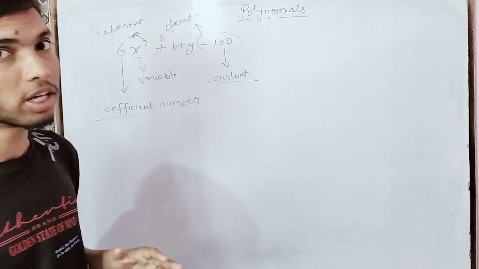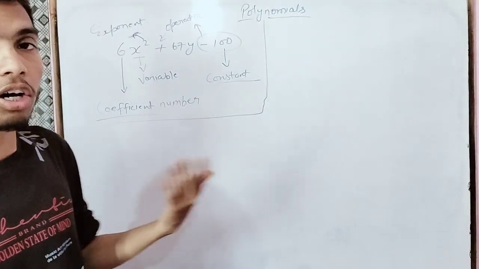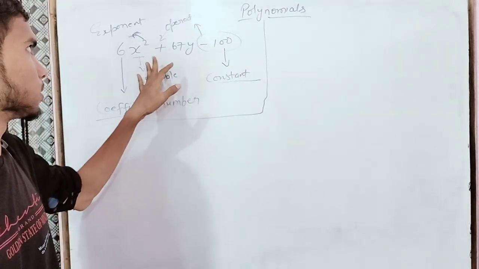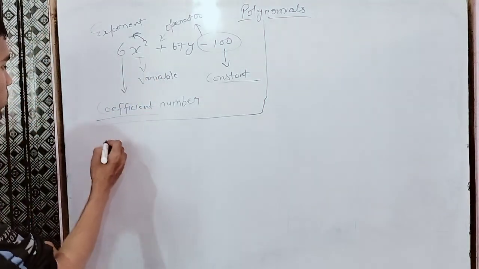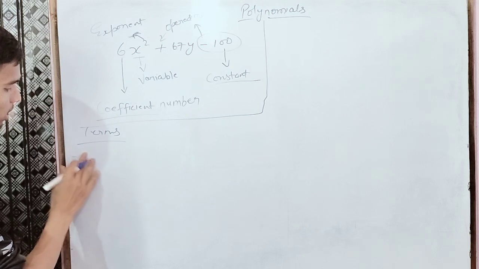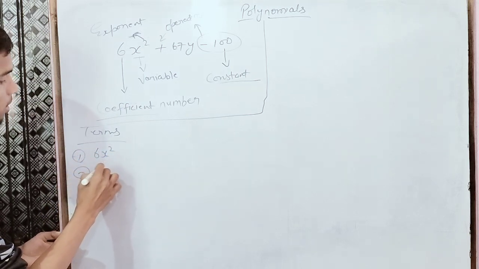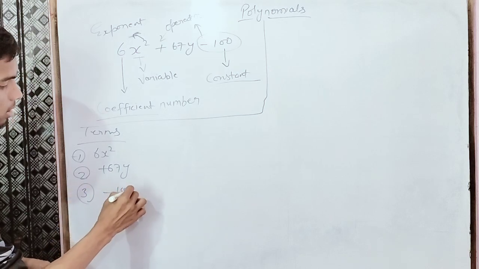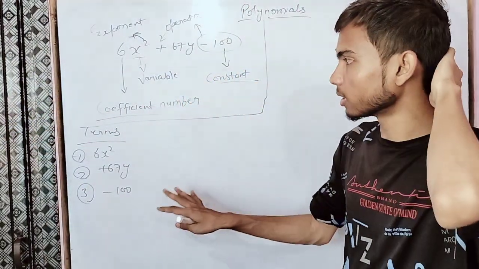Can you tell me how many terms there are here? One is 6x square, second is plus 67y, and third is minus 100. So here there are three terms.